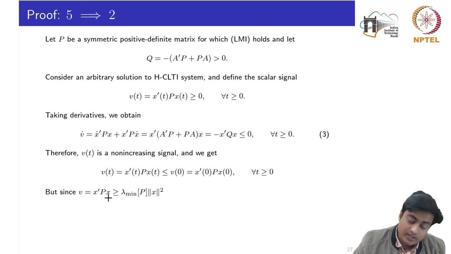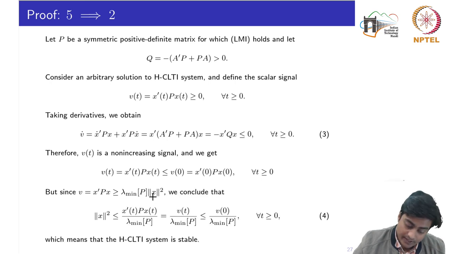But now, using the relationship we introduced while discussing the quadratic forms of positive definite matrices, this quadratic form has a limiting value given by the smallest eigenvalue of the matrix P multiplied by the squared norm of the signal x.